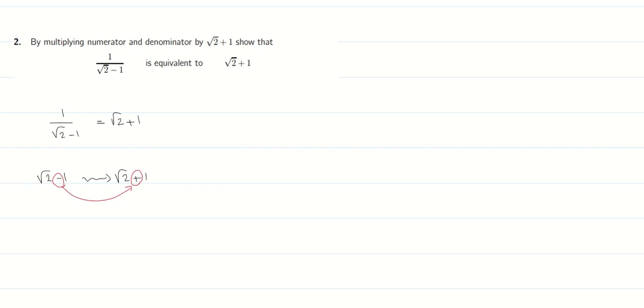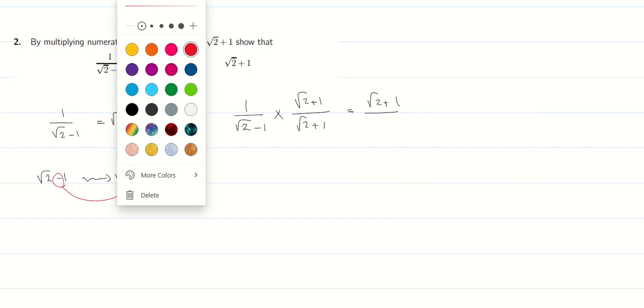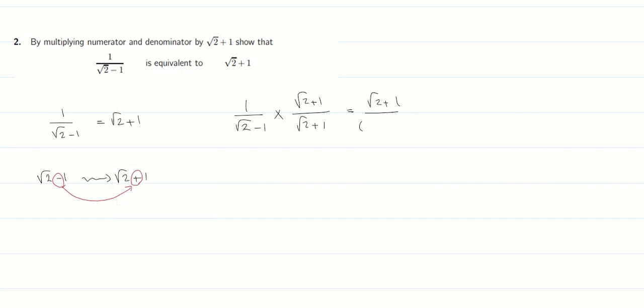So I'm going to write the expression again in here, which is 1 over the square root of 2 minus 1. Now I'm just going to multiply the top and bottom by the square root of 2 plus 1. So the top would be equal to the square root of 2 plus 1, and on the bottom, it would be the difference of squares, because we have the square root of 2 minus 1 and the square root of 2 plus 1.